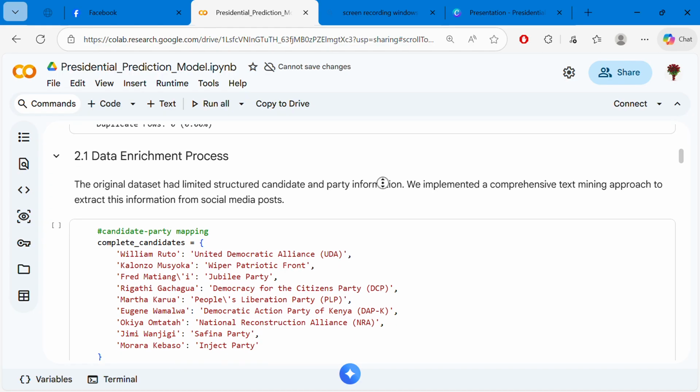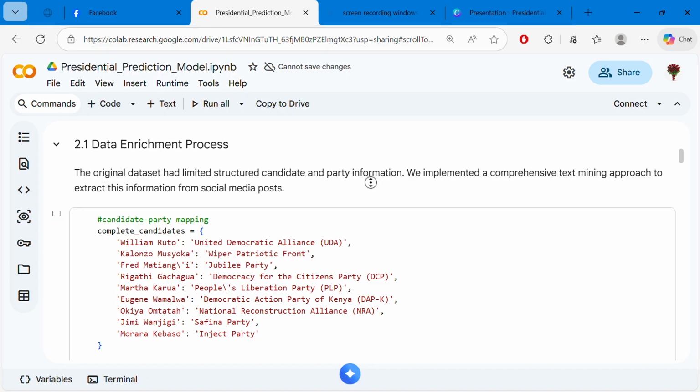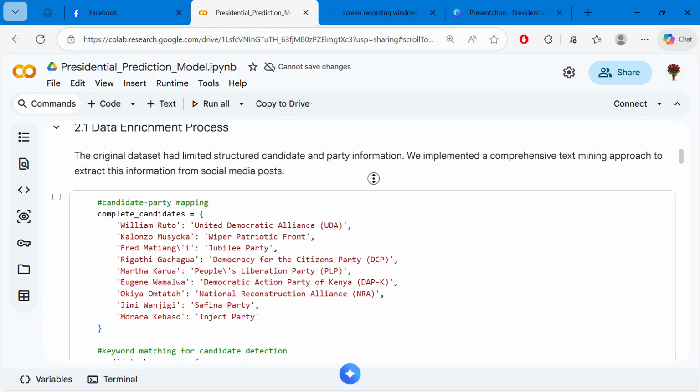For the data enrichment process, the original dataset had limited structured candidate and party information. We implemented a comprehensive text mining approach to extract this information from the posts.